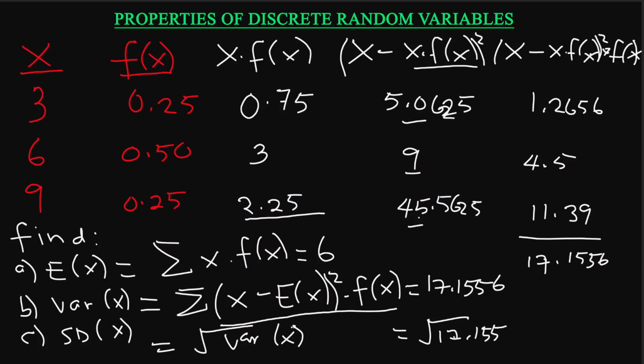We take the square root and that gives us 4.14. So that is how you calculate the mean or the expected value, the variance, and the standard deviation of a discrete random variable.